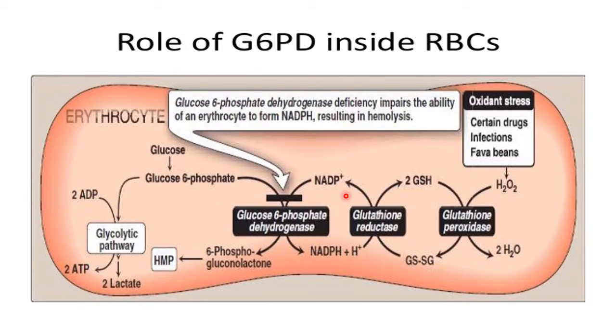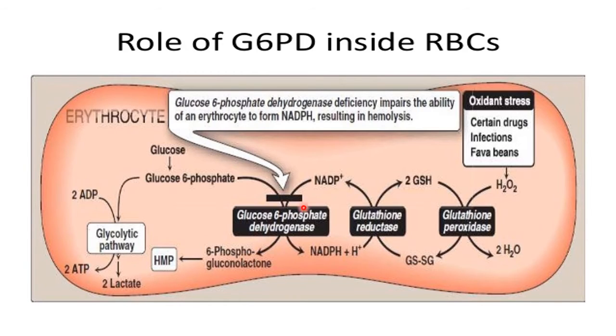The oxidized hemoglobin is normally reduced by reduced glutathione. G6PD is a key enzyme in the HMP pathway. You can see here G6PD is the main enzyme in the HMP pathway.